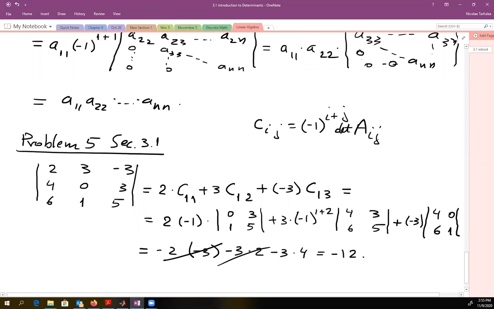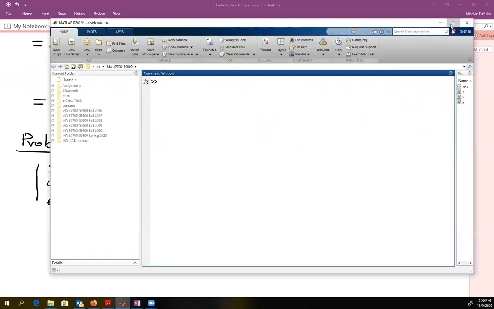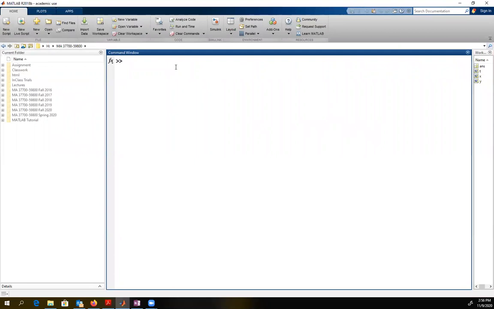So what do you think? Well, you can do this in many software packages. Let me show you how to use MATLAB for this. So in this case, for example, let's say this matrix A has the entries 2, 3, negative 3 in the first row.